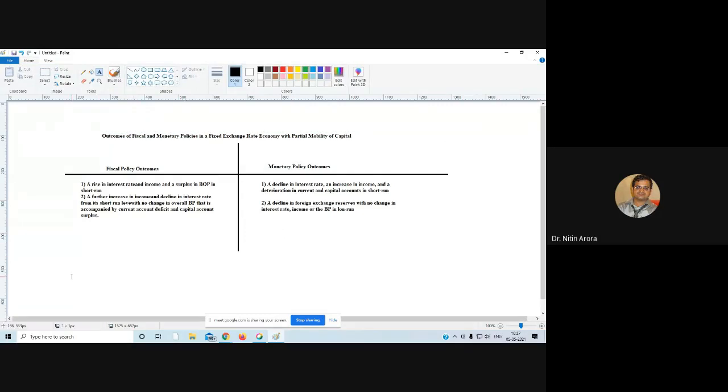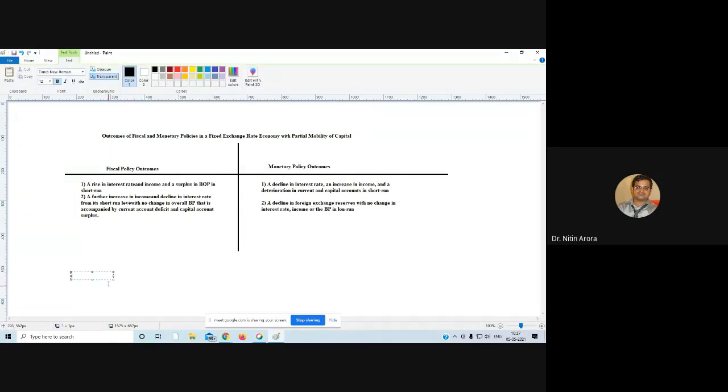Obviously, in such type of system, fiscal policy is much better than monetary policy. Conclusion: fiscal policy is better than monetary policy in such type of economy. Right? Where exchange rate is fixed, fiscal policy is better, monetary policy is not better.